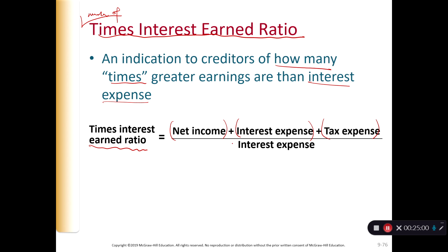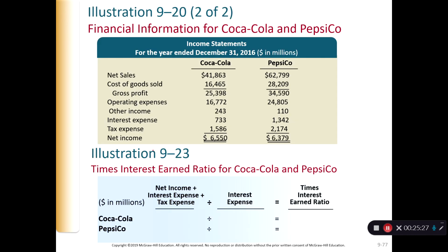So the higher a company's earnings related to interest expenses, right? And this is actually operating earnings. If you remember, we're adding back most important expenses, right? If the company's earnings relative to the interest expense is higher, then it's more likely to pay the current and future interest payment or debt payment, right?